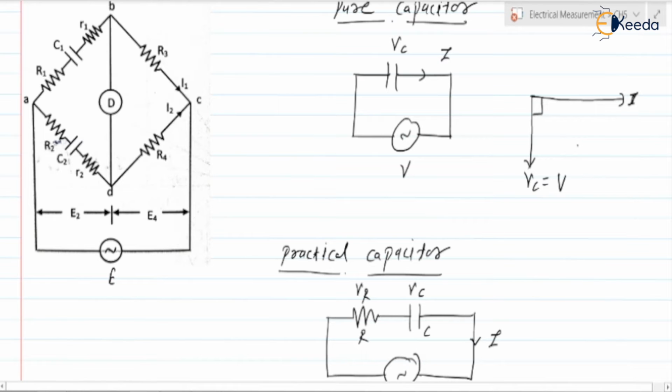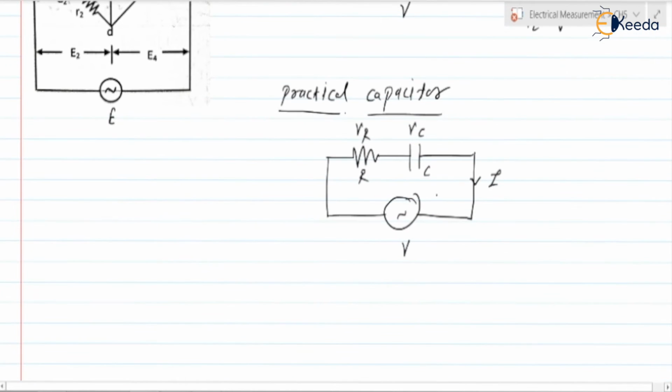So this angle is 90 degrees between V and I. But in the practical capacitor, if we draw the phasor for I, suppose this is the phasor for I. Where is the phasor for Vc? The current through the capacitor is I only, so Vc will be lagging I by 90 degrees.